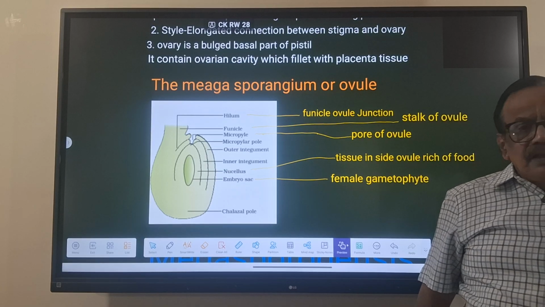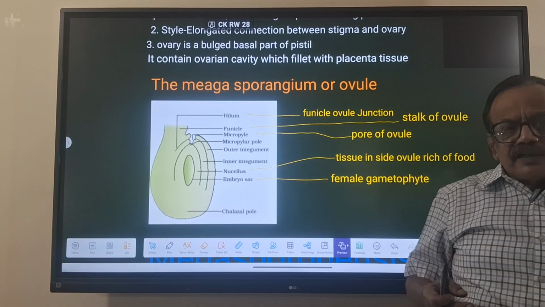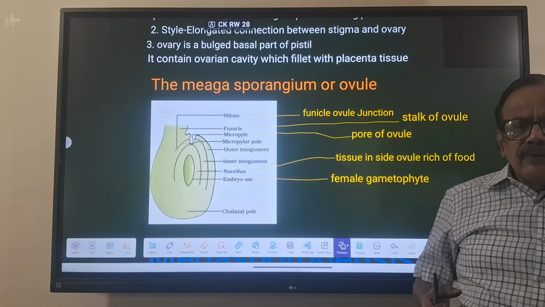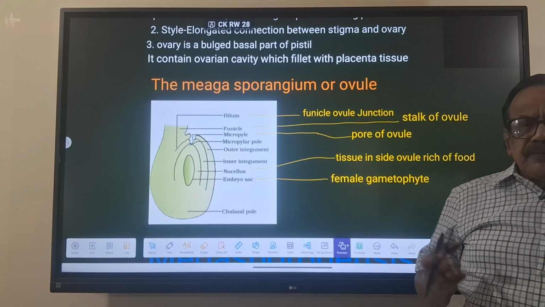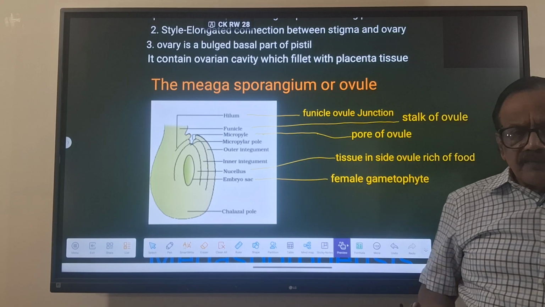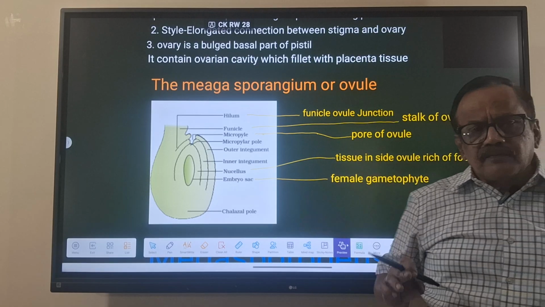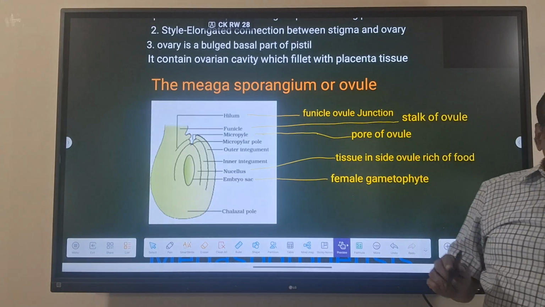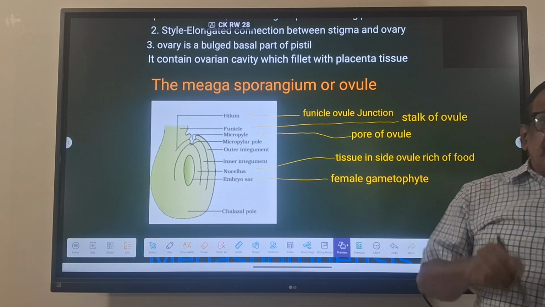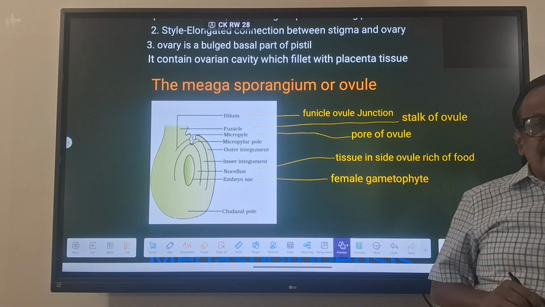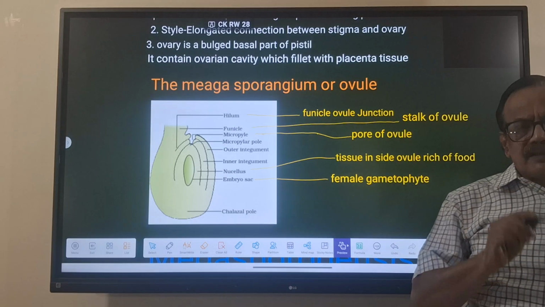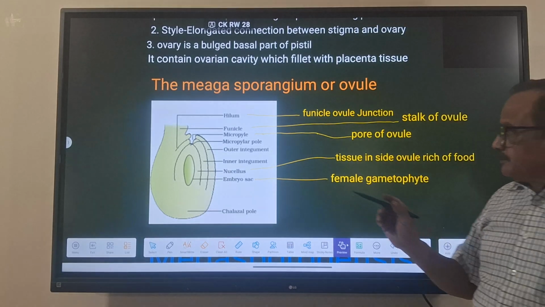It stores food material for the growing embryo sac and later for the embryo. Remember, questions will come like that.